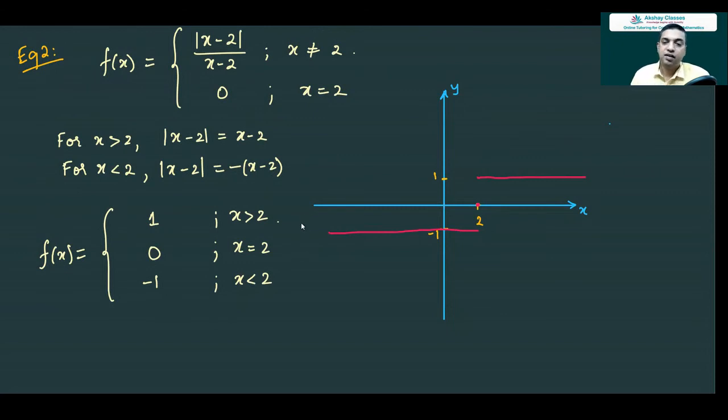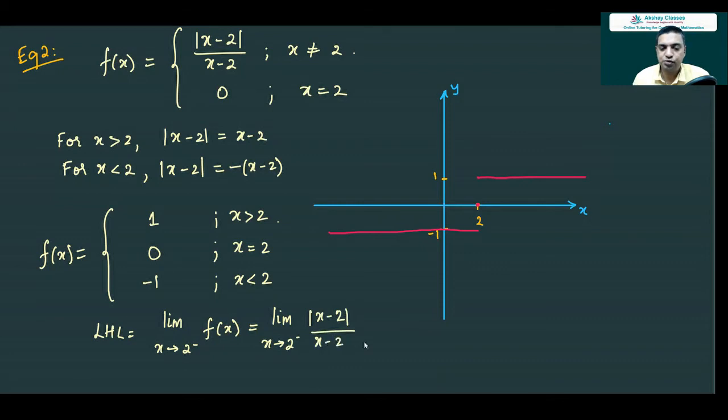All right. So now tell me, limit, right? I'll write the left hand limit. Limit as x tends to 2 minus of f of x. What will it be? Limit x tends to 2 minus this modulus of x minus 2 by x minus 2.